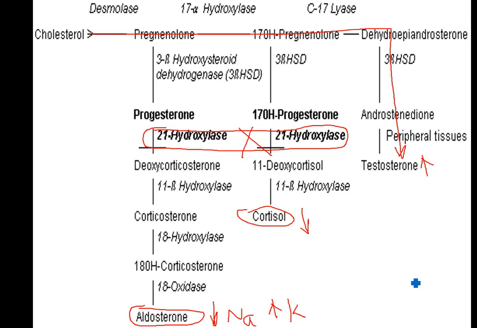There is another clinical condition under congenital adrenal hyperplasia due to deficiency of another enzyme, not 21 hydroxylase. Here there is deficiency of 11 beta hydroxylase.